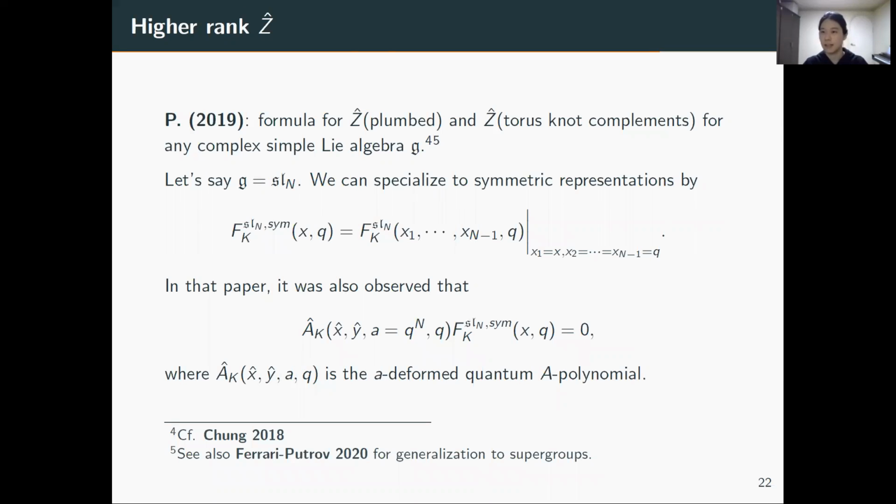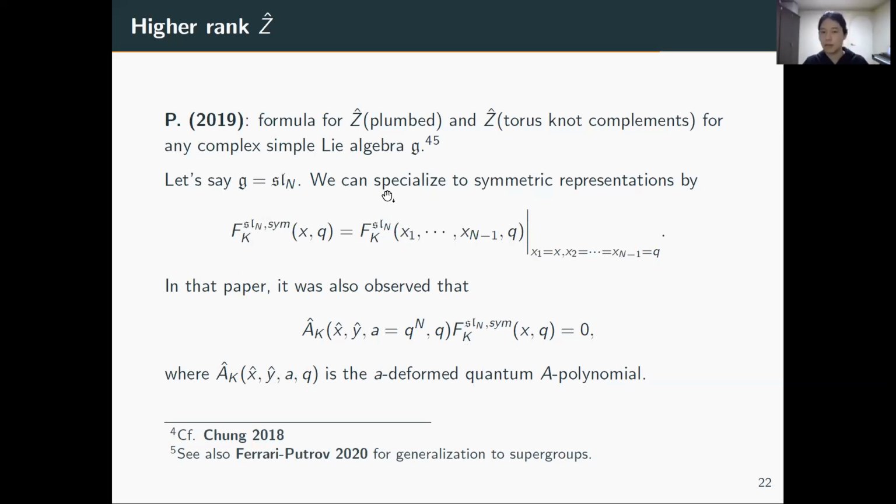Since it's SL_N, there are n-1 independent eigenvalues, because n-1 is the rank of this Lie algebra. So there are n-1 x variables. Specialization to symmetric representations is the same thing as setting x_1 to be x and setting all the others to be q. We denote it by the symmetric SL_N F_K.